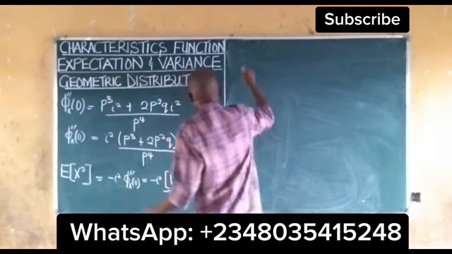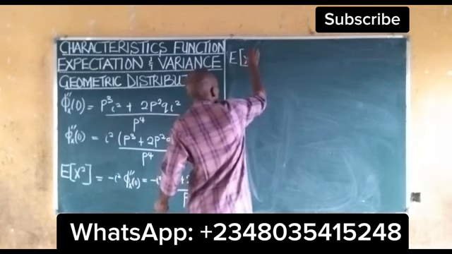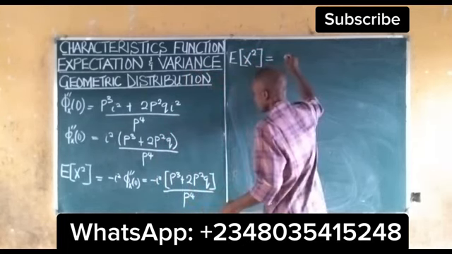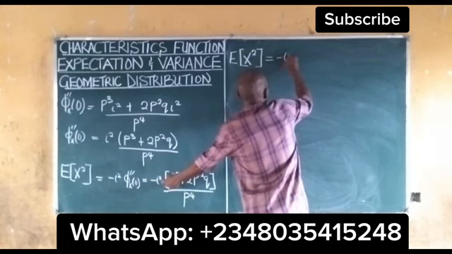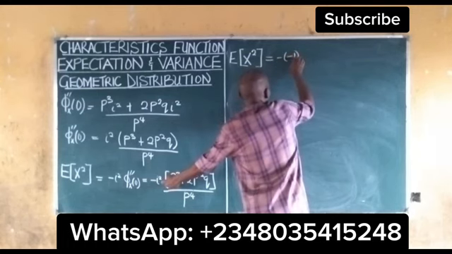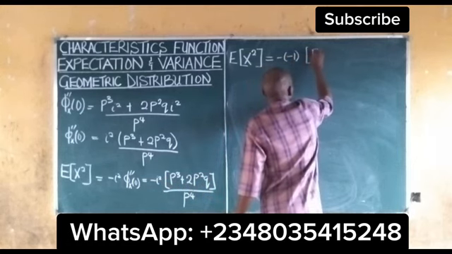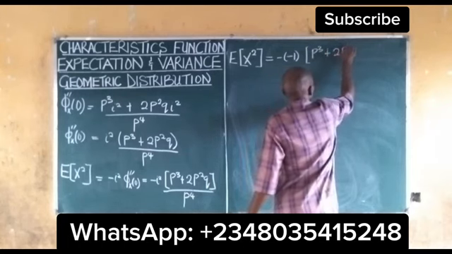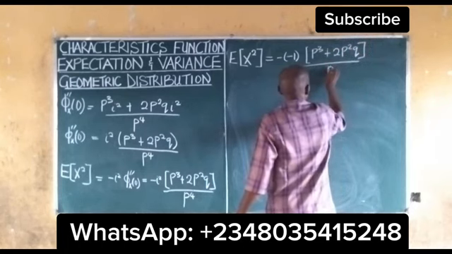So we have our expected value of x squared to be equal to, this means negative into negative 1 multiplied by p cubed plus 2p squared q all over p to the power of 4.